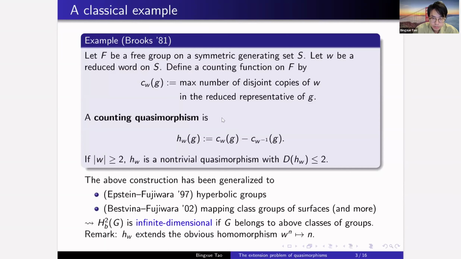And if you restrict this H_W to the cyclic subgroup generated by W, this H_W is just a homomorphism. So from the point of view of extension of quasimorphisms, you can say that this H_W is an extension of the obvious homomorphism from W to the power n to n.